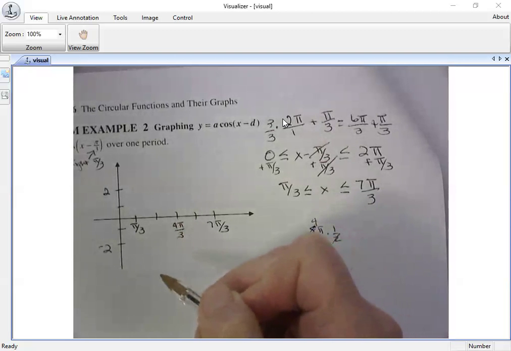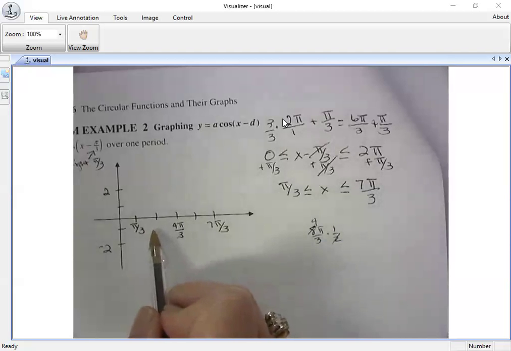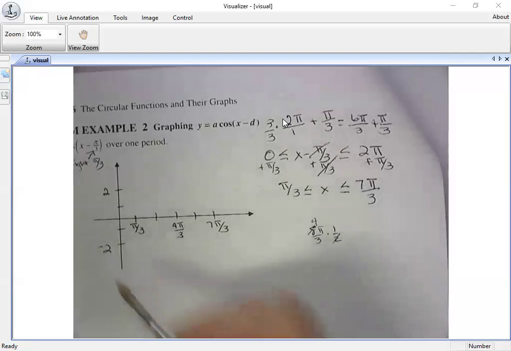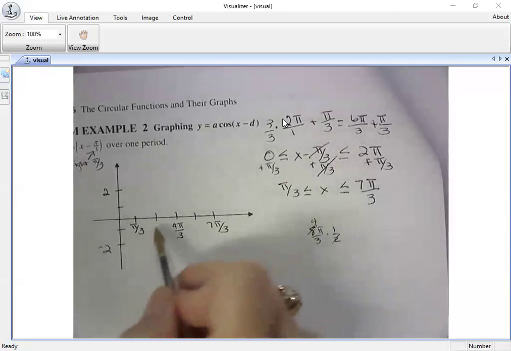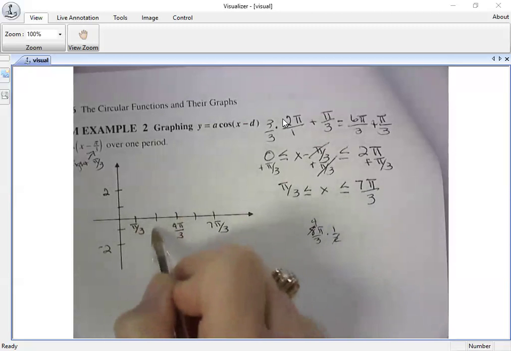So far, are we all right? Okay. Can you figure out where this is? What would be the value on that one? At least we don't have any negatives we're working with here. These are all positives. So what would be this value between pi over 3 and 4 pi over 3?